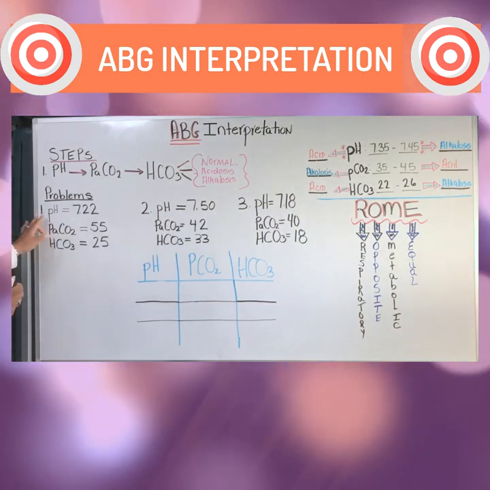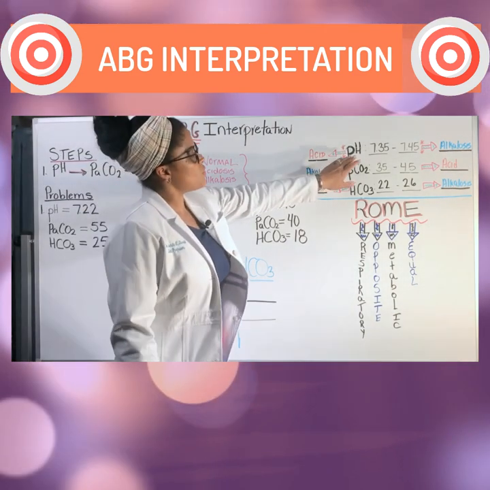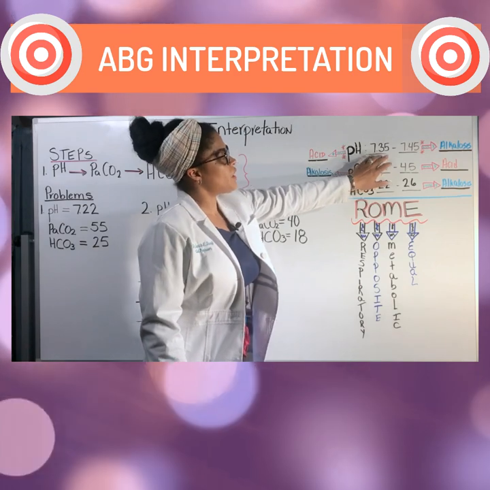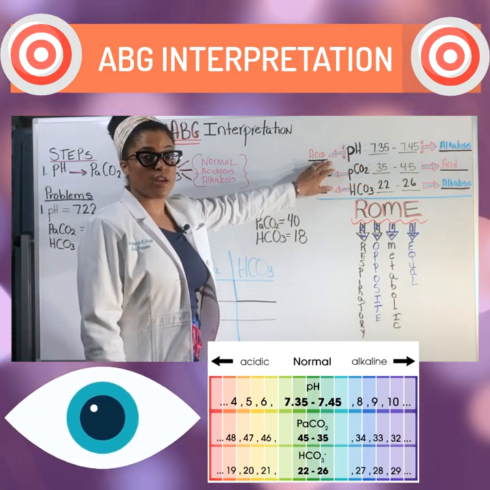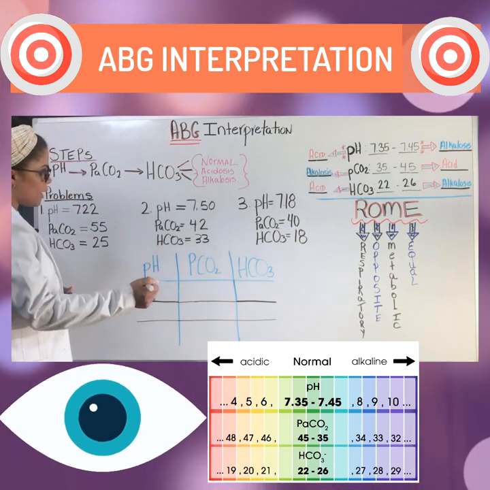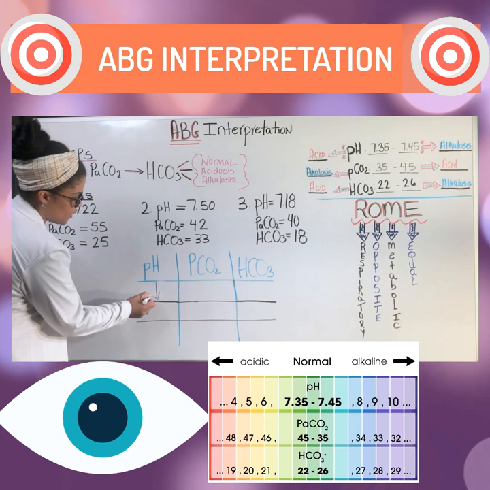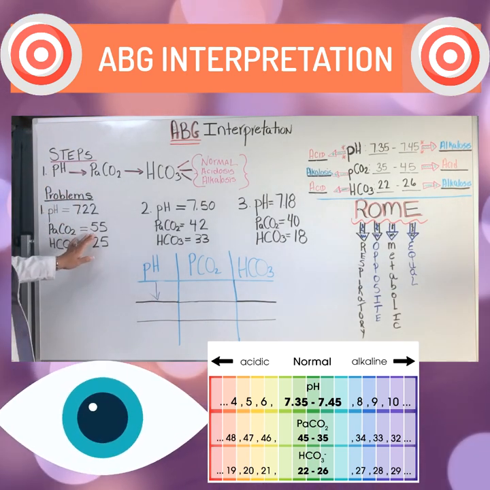In this example, the pH level is 7.22. Looking at the normal range, which is a pH of 7.35 to 7.45, this is below the minimum value it should be, so it is an acid. I'm going to put an arrow pointing down because it's low. Then we have the CO2 level of 55.